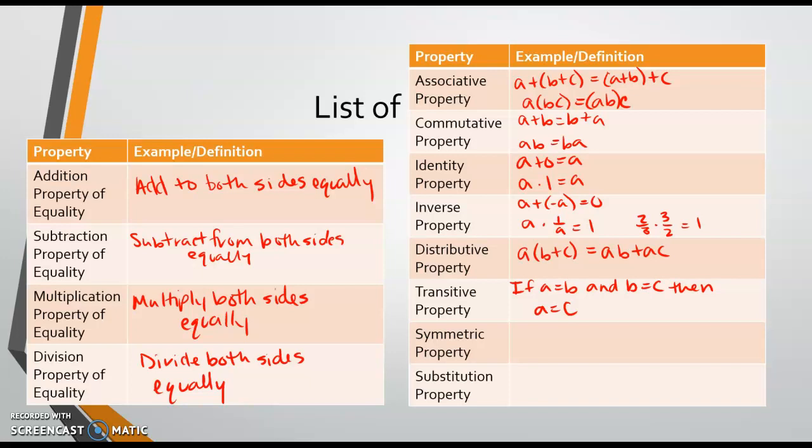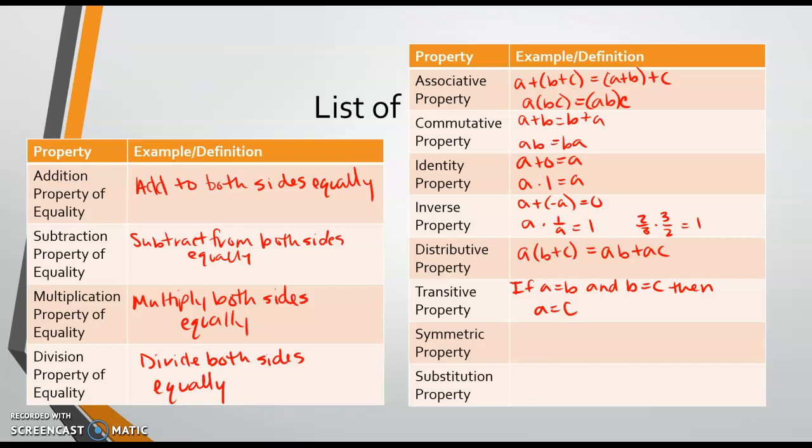We're taking A was equal to B, but B is also equal to C. Therefore, they're equal to each other. A is equal to C. And we could have that several times. I could have A is equal to B, and B is equal to C, and C is equal to all the way up to Z if you wanted to, and then we could say that A was equal to Z. Either way, it's creating that train of equality.